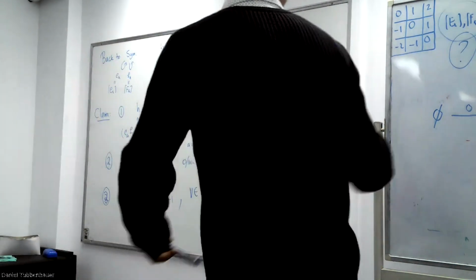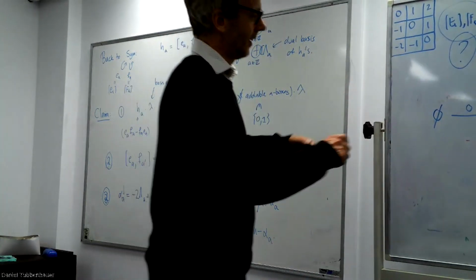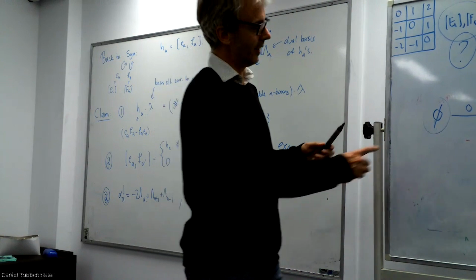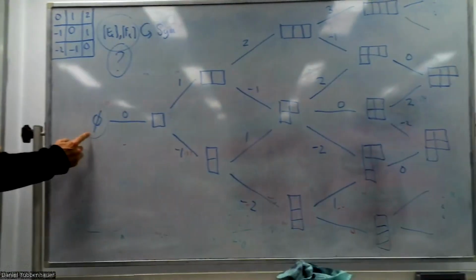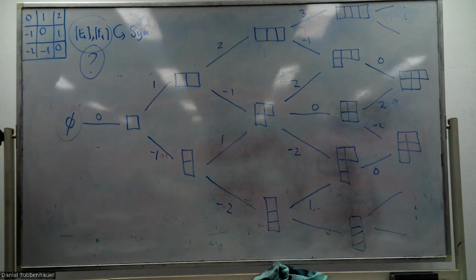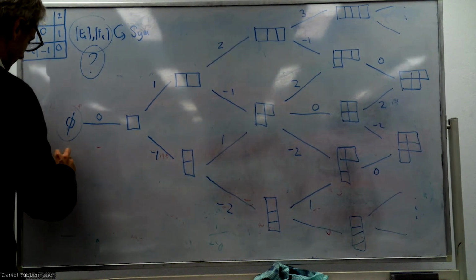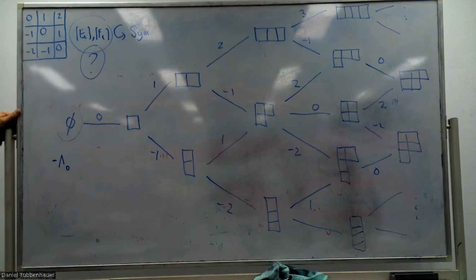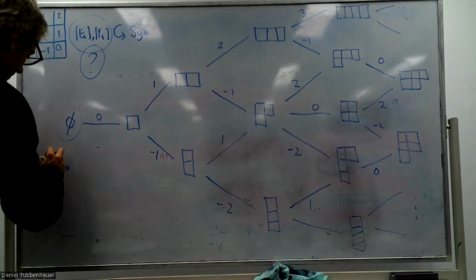So let's just do this one. What's the count here? This has no addable i boxes for i not equal to 0. It has one addable 0 box and no removable 0 boxes. So its weight vector is minus lambda 0.